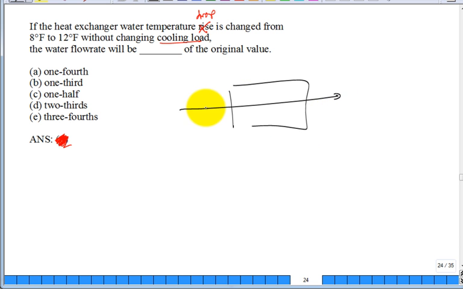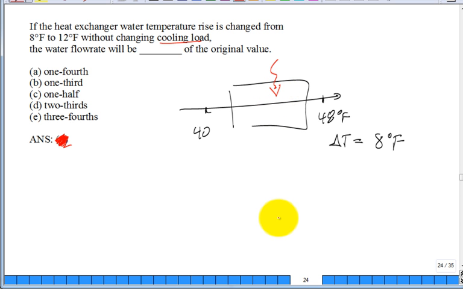We have a temperature difference, delta T. It used to be 8 degrees F. Maybe it came in at 40 and it went out at 48 degrees F. So there's an increase in temperature. No, it is a rise, isn't it? It is a rise of temperature of 8 degrees across that cooling coil because you're absorbing heat from the air.